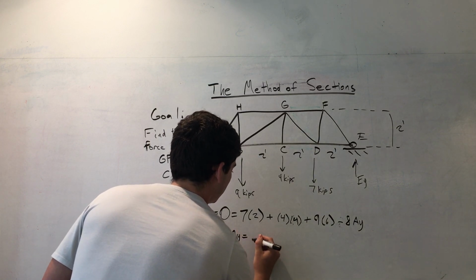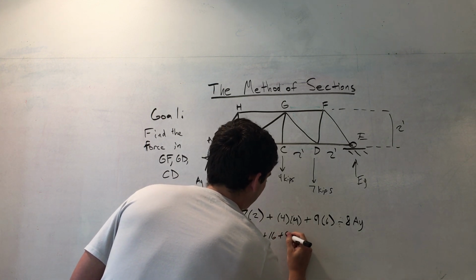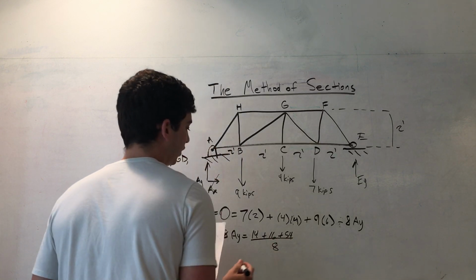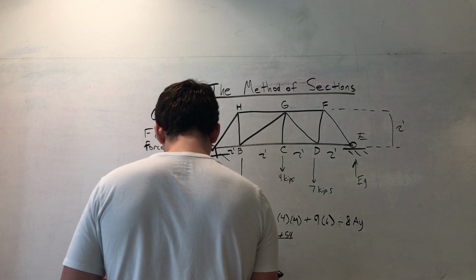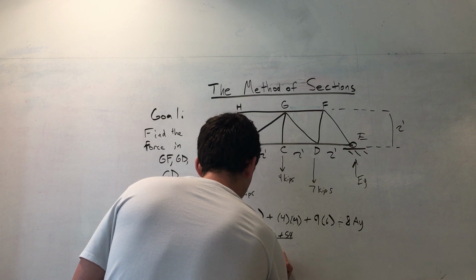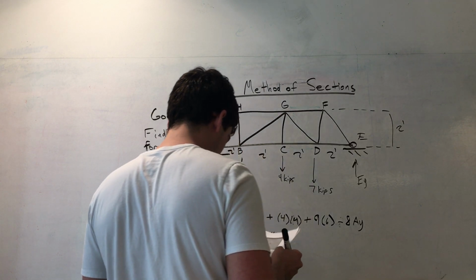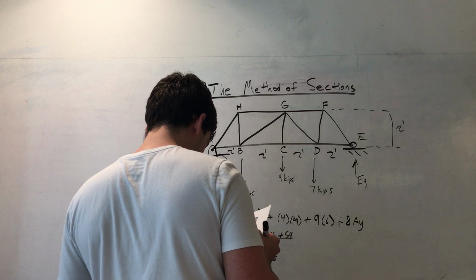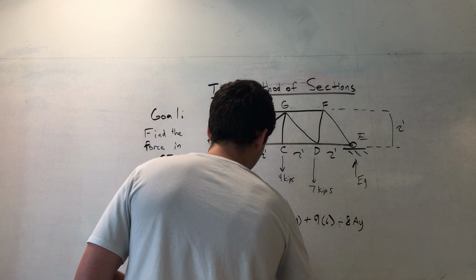AY is equal to 14 plus 16 plus 54, all that over 8, so we get that AY is equal to 10.5. Oh no, my bad, this is 9.5.